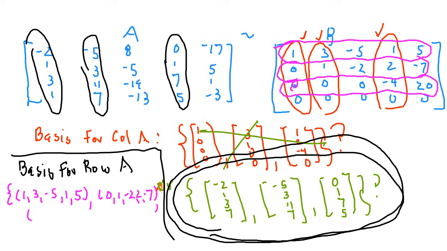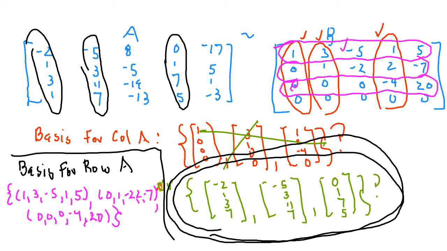And finally, 0, 0, 0, -4, +20. So with the row space, it works differently. You can use the pivot columns in the echelon form of the matrix B, and the row space is preserved.